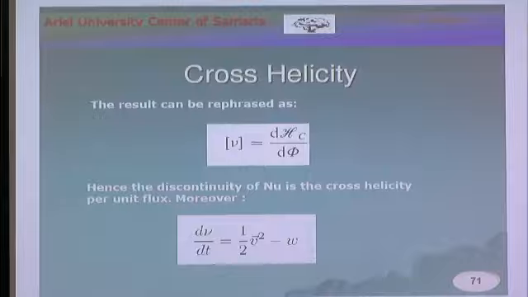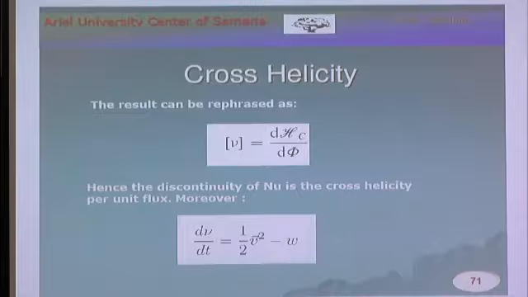Now, again, you can rephrase and say that the discontinuity of nu is the density of cross helicity per unit flux. But now there is a twist to it, because remember that nu is one of our variational variables, and zeta is just an auxiliary function. And we have an equation for it.